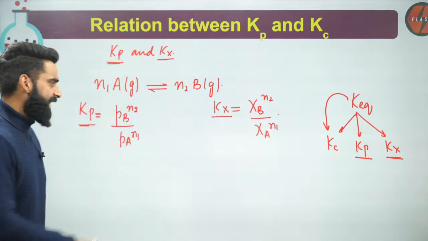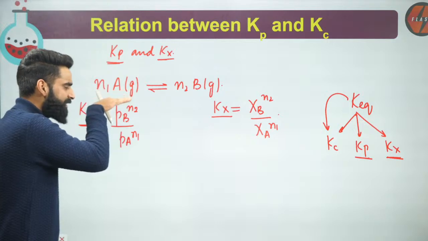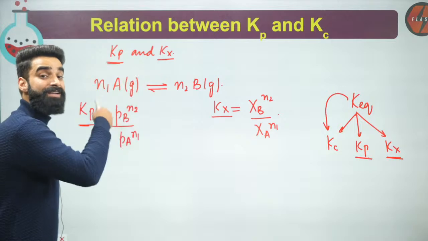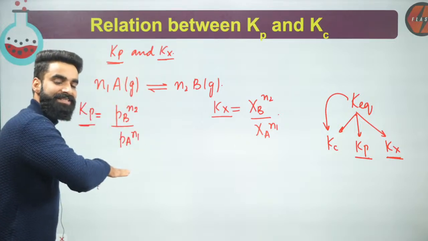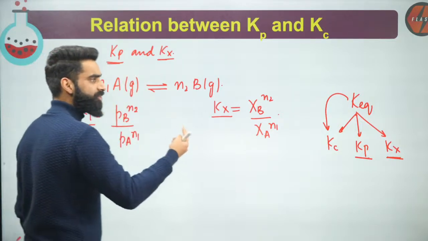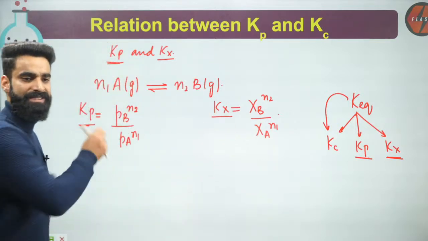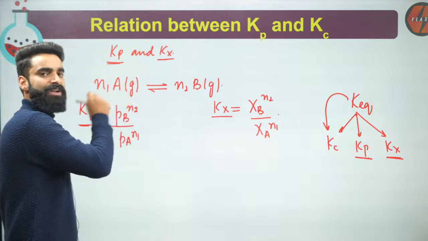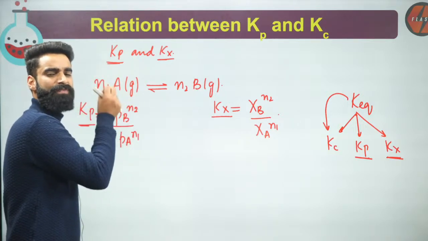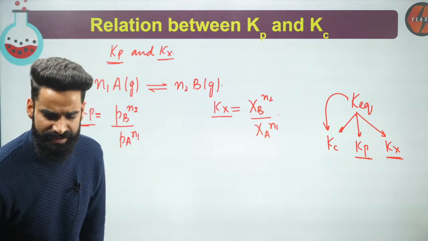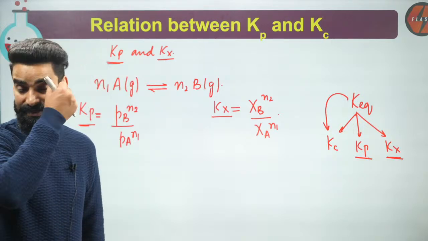So the total pressure of the container due to A will be decreasing, and the pressure due to B will be increasing with time. Once equilibrium is established, the partial pressures of A and B will become constant, will become fixed. We have discussed that in detail in the last session.